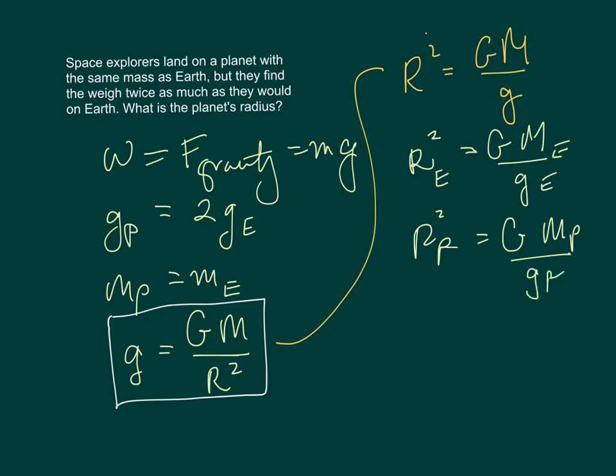So to solve this problem, what we want to do is take the ratio of the radius of the planet over the radius of the Earth to see how, given that the g values are related by a factor of 2 and the masses are equal, what does that imply about the relative radius?